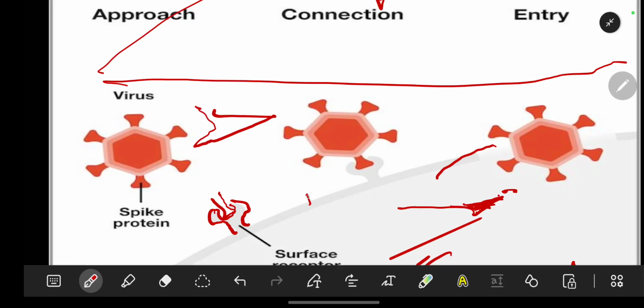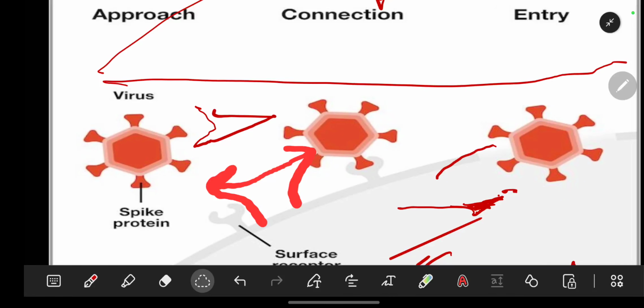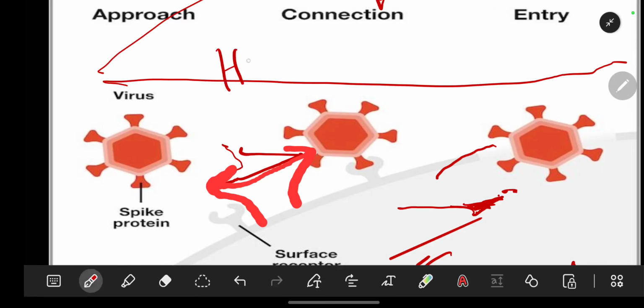It can attach to another cell that looks like this. This is the one that can bind to that receptor. So they are host specific and tissue specific. They affect specific tissues. For example, HIV binds to receptors called CD4, which we will discuss later in other videos.